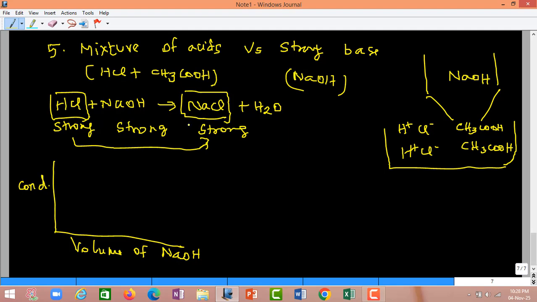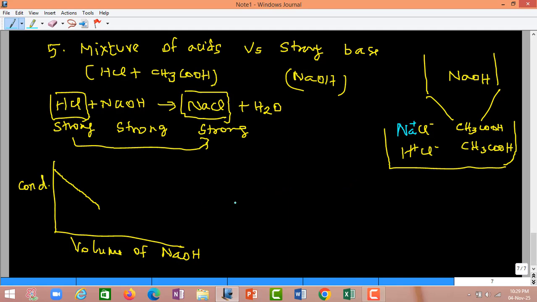The lighter H plus is replaced by heavier sodium ions. The faster H plus is replaced by slower sodium ions, and so the conductance decreases. If we represent it in this illustration, instead of H plus we get Na plus, and so the conductance decreases.